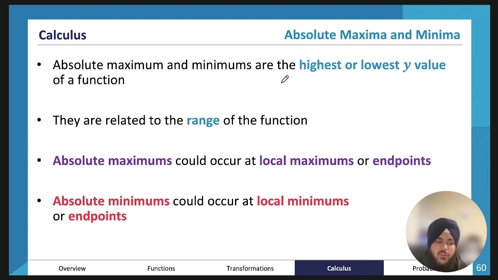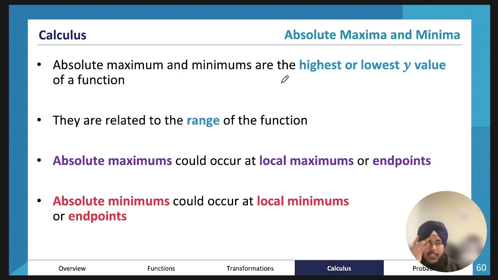So next we have this concept of absolute maxima and minima. Absolute maxima and minima is just the absolute highest and absolute lowest value of a function. They're different to local maxima and local minima because we can have values higher than the local maxima or values that are lower than the local minima just due to the nature of the graph.